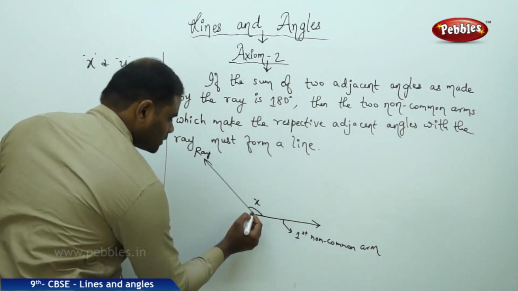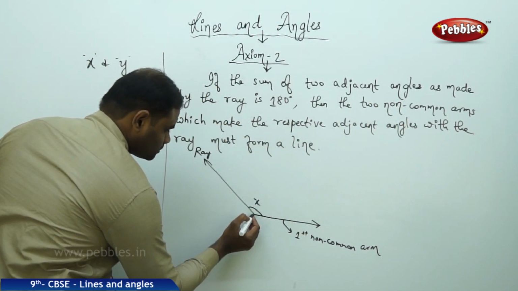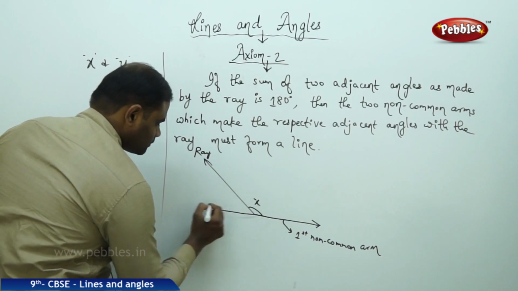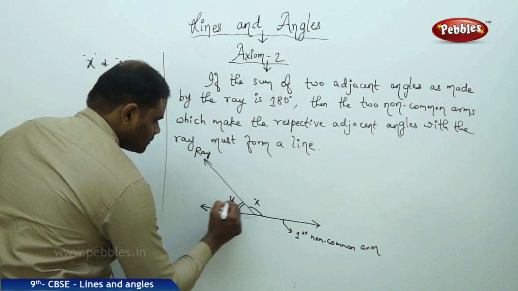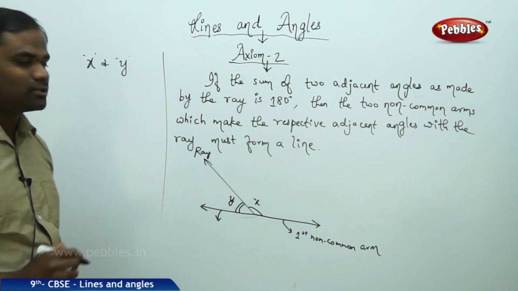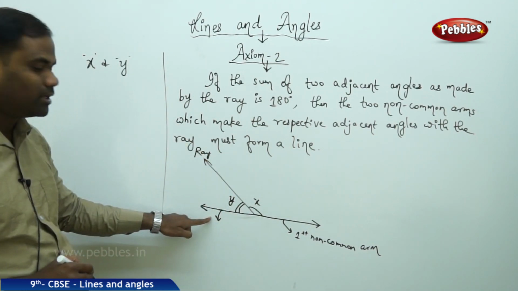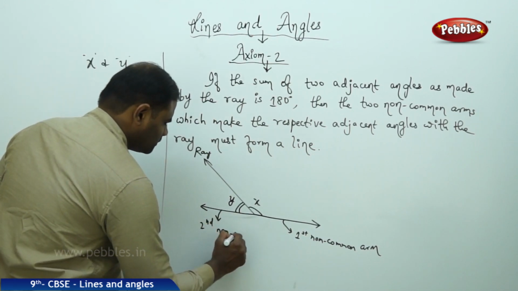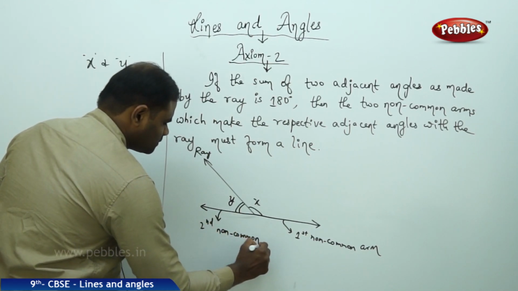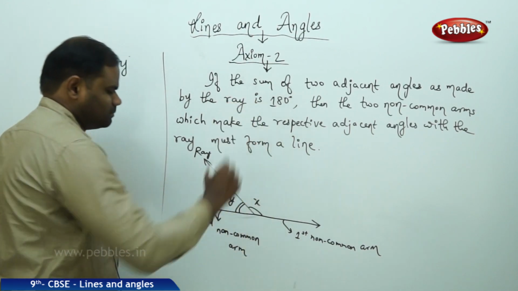So let's see the other angle which is made by angle y. So the ray makes an angle y with the second non-common arm.